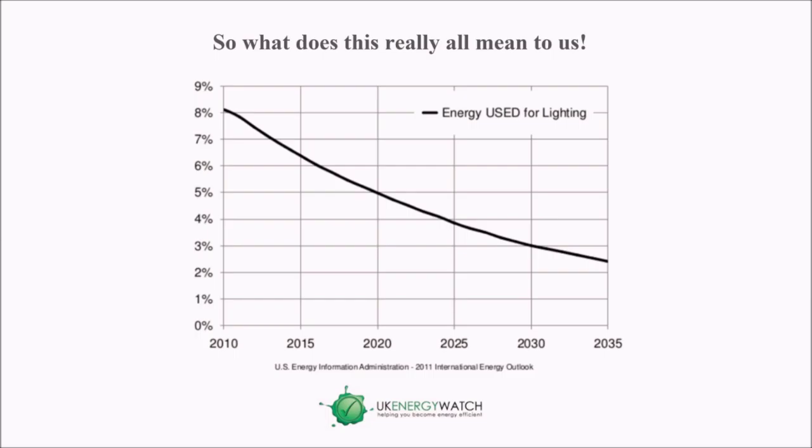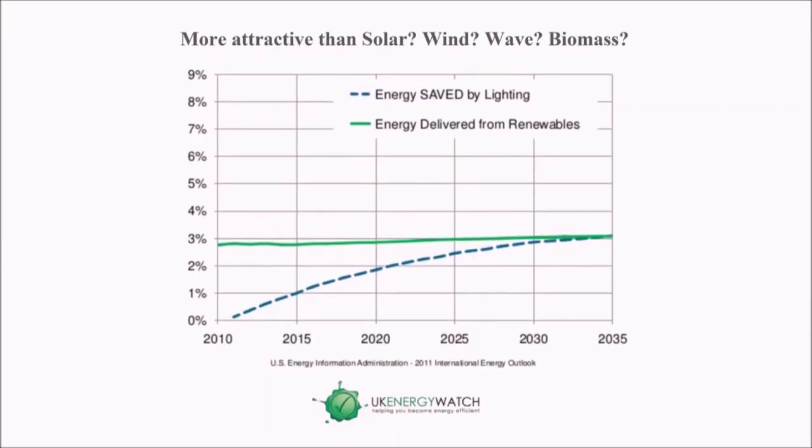And to put that into comparison as well, by changing every light to LED, the amount of energy that we save is going to be the same amount as all the energy that we deliver from renewable energy, and that includes solar, wind, biomass, and so on.